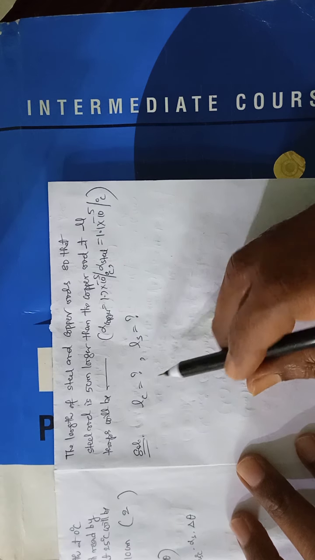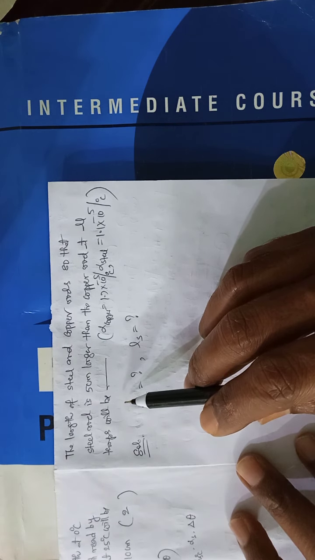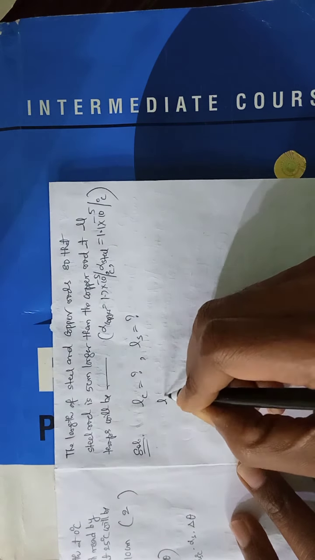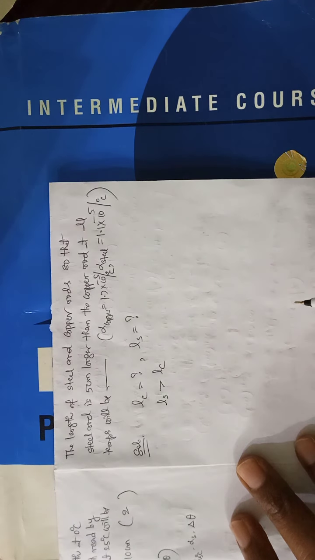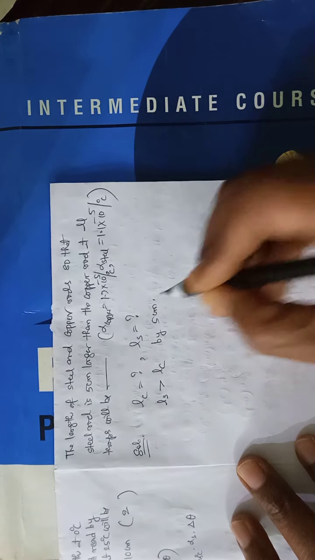Here at all temperatures the difference in lengths will always be 5 centimeters. See, the steel rod is longer than copper rod by 5 centimeters.